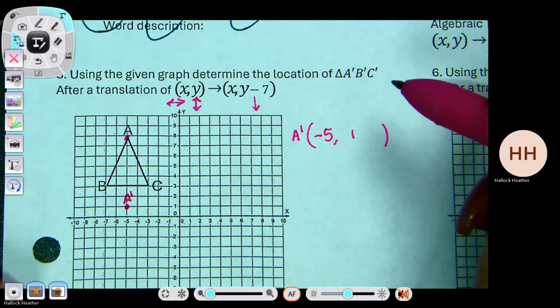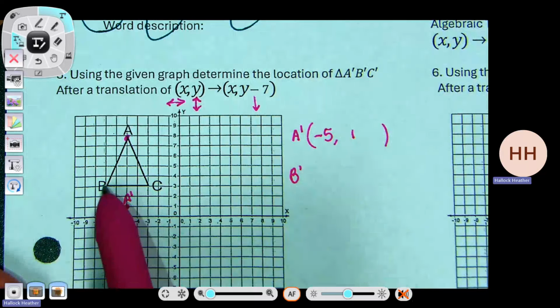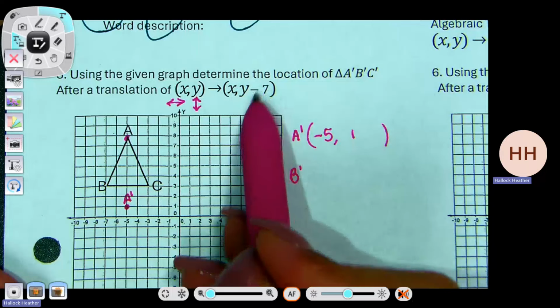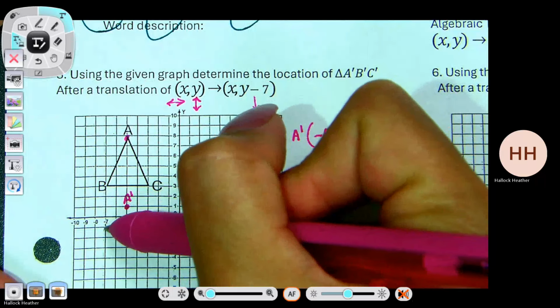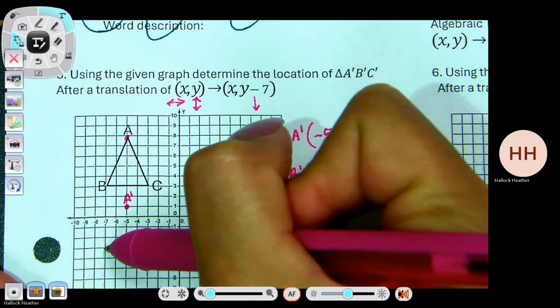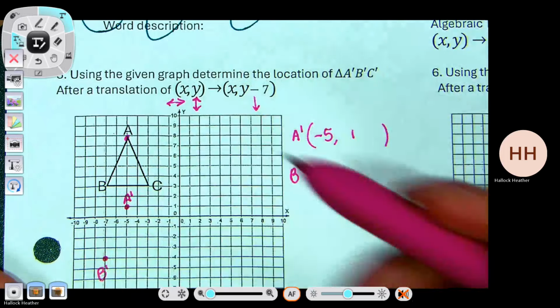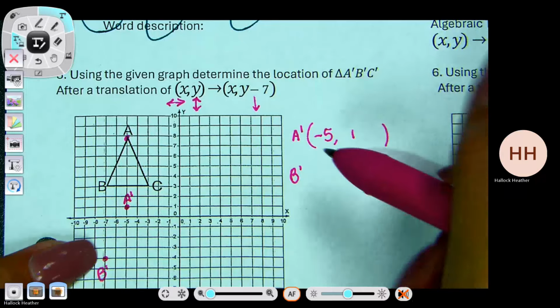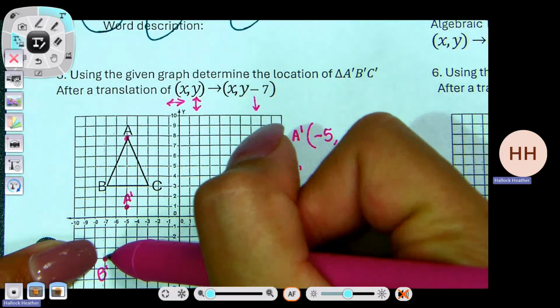I need to find B prime. So I'm not moving left or right anything. I'm just going down 7. So B prime should be at -7, -4.